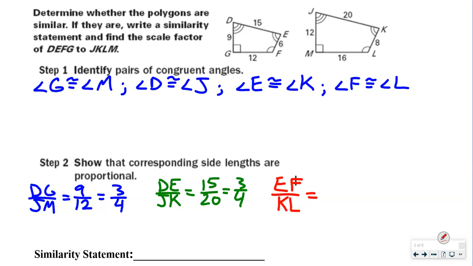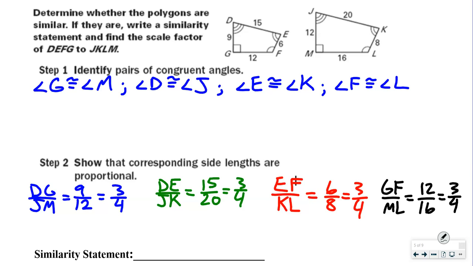That is 6 over 8. That simplifies to 3 over 4. And then our side on the bottom, GF and ML, is 12 over 16. And that simplifies to 3 over 4.